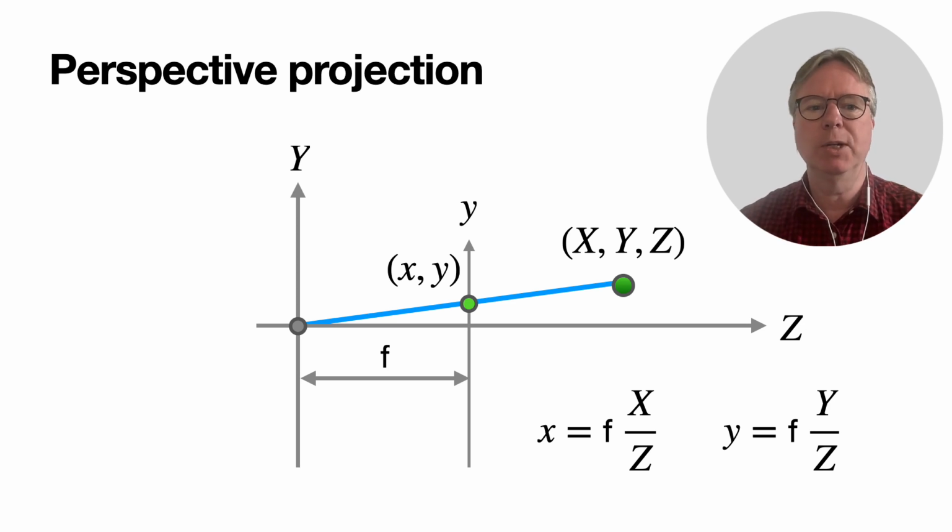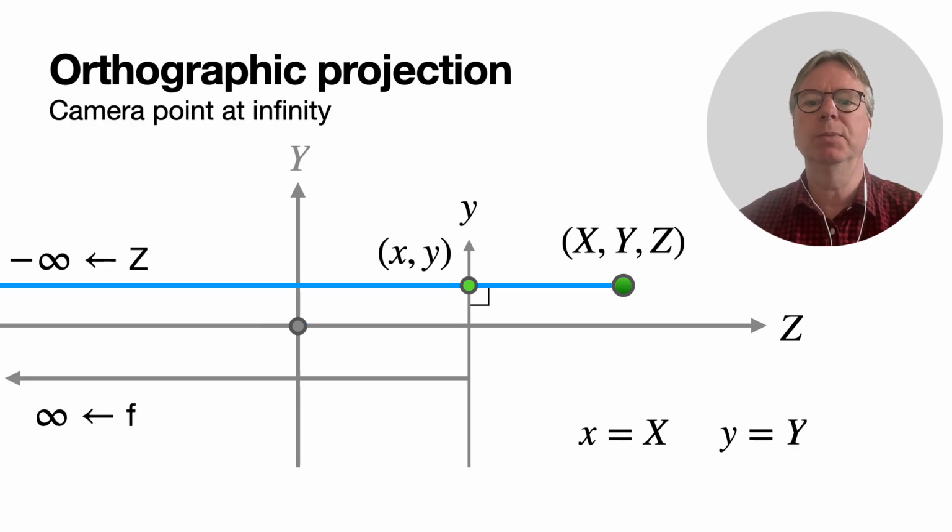But today I'm going to talk about an orthographic projection, and you can think about that as the camera point going all the way to infinity, and the focal length f going to infinity, and then the three-dimensional point X, Y, Z projects on a plane simply as x, y. So basically we get rid of the Z, and we equate small x with big X and small y with big Y.